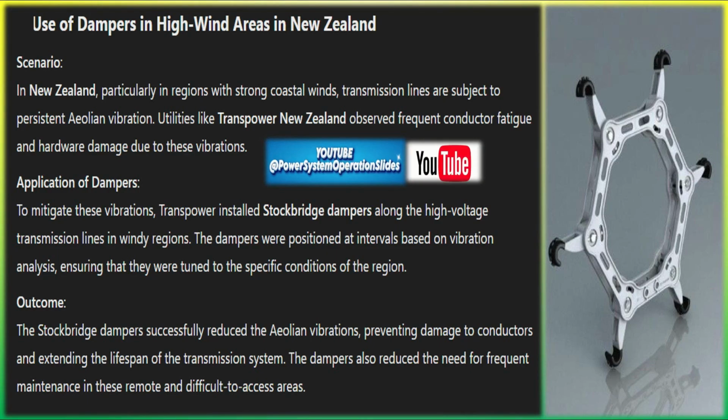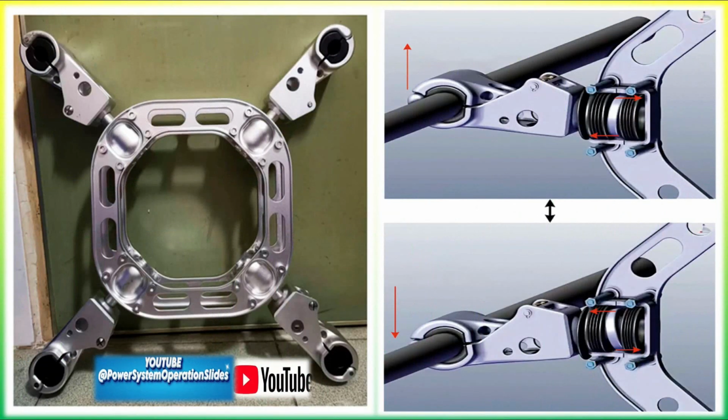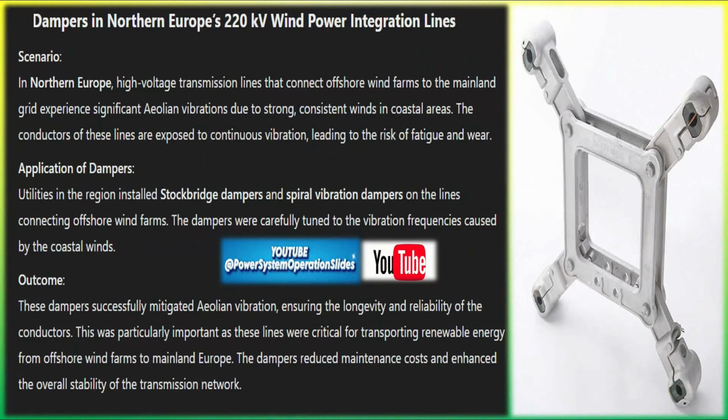Interphase spacers are used between phase conductors in areas where galloping is a concern. These are mechanical devices installed between conductors of different phases to prevent phase-to-phase contact during galloping. Working principle: the spacers physically separate the conductors and absorb some of the energy from galloping, reducing the risk of faults or conductor clashing. Application: commonly used in areas with severe icing or galloping risk.